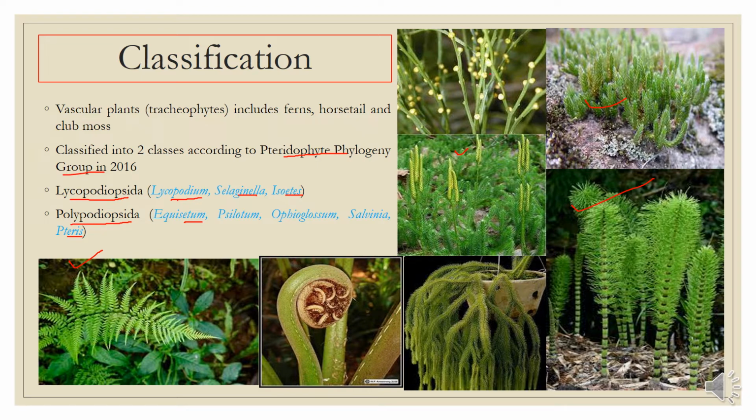So we see that the modern classification has two classes: Lycopodiopsida, which contains only a few families, and the second class, Polypodiopsida, which contained many families. It is a much wider class, and it includes both Equisetum as well as the ferns.